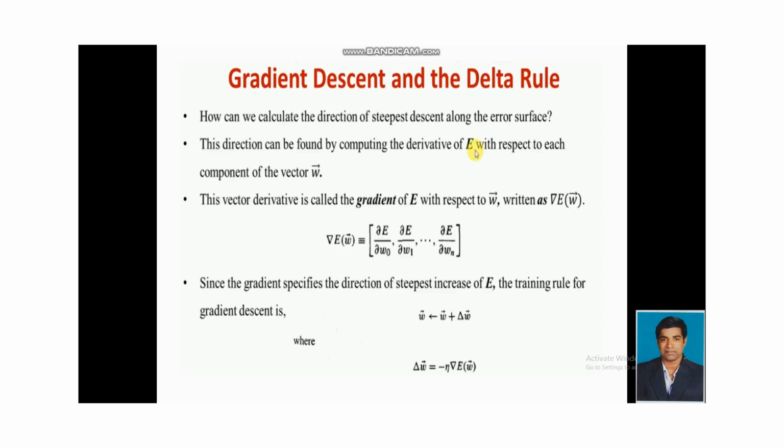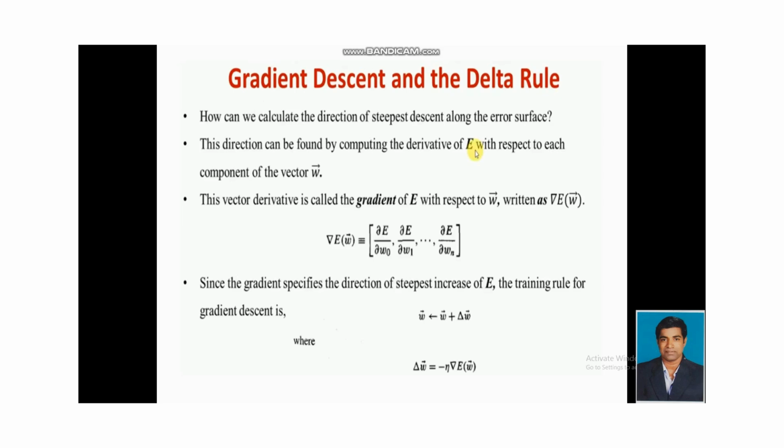Gradient descent and the delta rule: how can we calculate the direction of steepest descent along the error surface? This direction can be found by computing the derivative of E with respect to each component of the vector w.